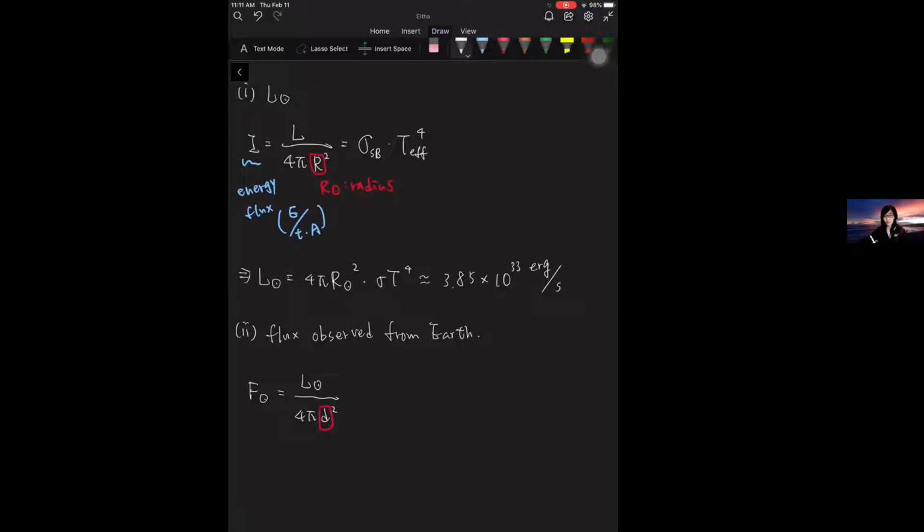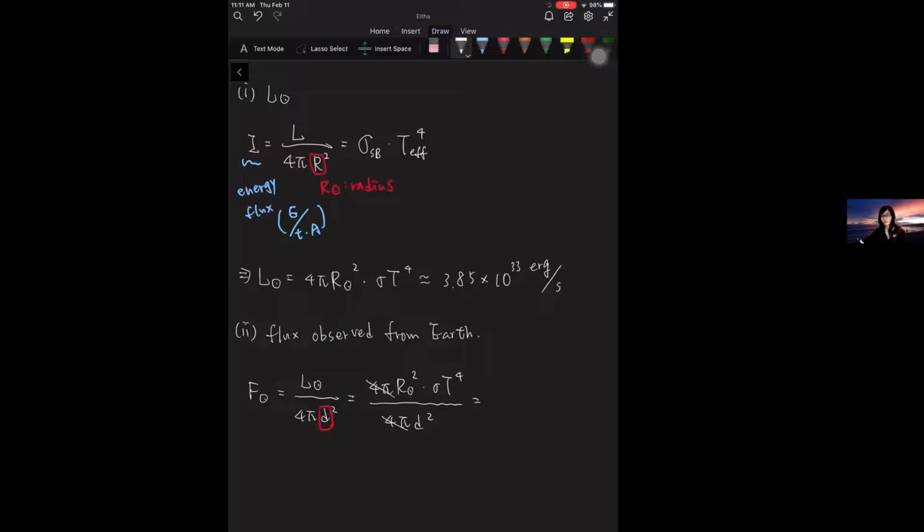Okay, and since we already have the solar luminosity as 4 pi r squared times sigma T to the fourth, we can write it out, and it's 4 pi d squared over here, and we can cancel out the 4 pi's. Then we have the temperature, the radius, and the distance.